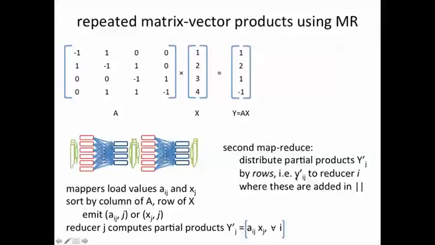For example, the partial product Yij in the vector y prime j will get sent to reducer I, and then these will get added up. So these now will get distributed by rows. Part of this will go to one reducer, say the first 2 rows, the second 2 rows will go to another reducer, and then they'll get added up over there in parallel.